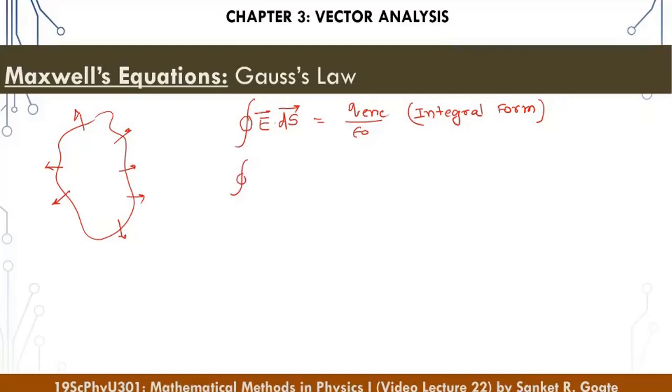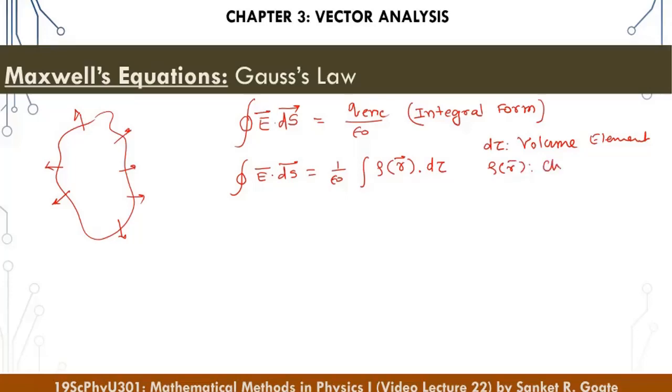Let me keep the left hand side as it is. E dot ds is equal to 1 by epsilon into, I'll write this as rho, which is a function of r in general, into d tau, where d tau is the volume element, right? And what is rho?